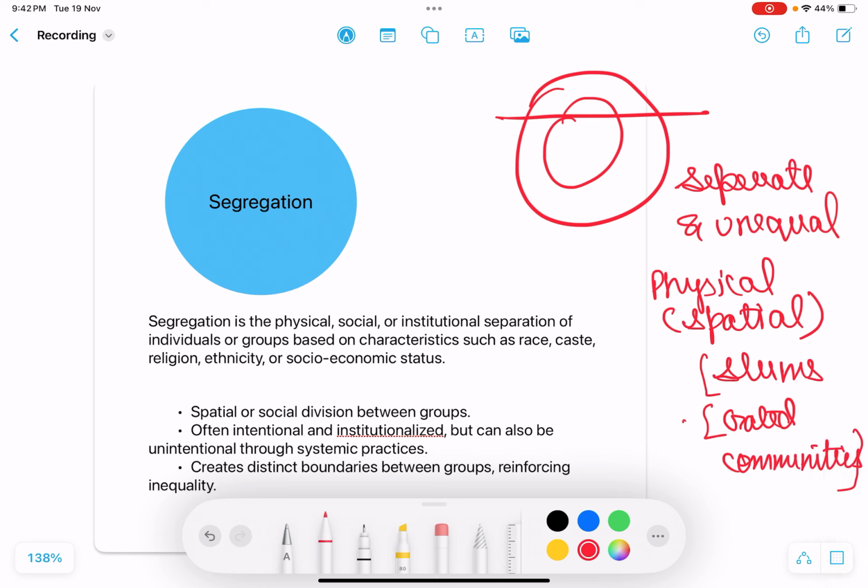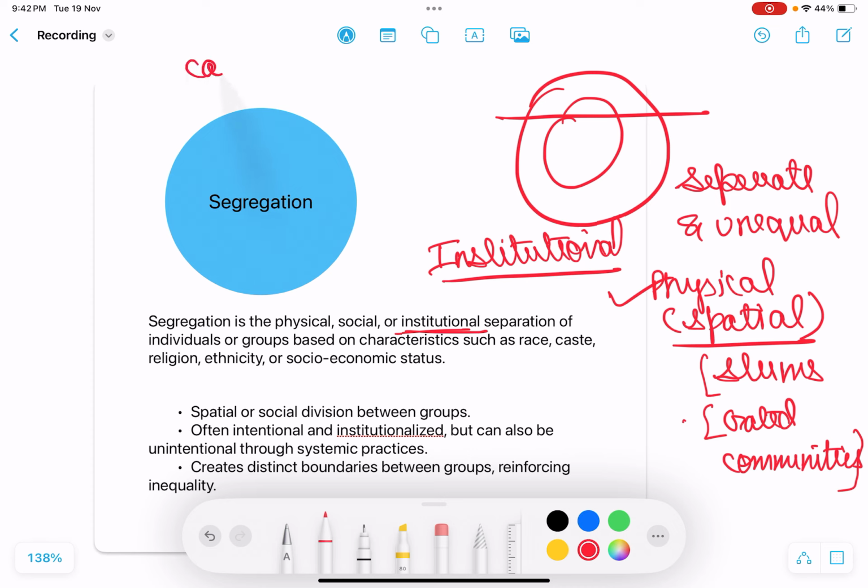So there is a physical spatial part to the segregation, or it could also be institutional, right? Institutional, right, which is something which is structural, and we can think about it as something that works in an organized manner. Let's just say, for example, caste based segregation that exists.